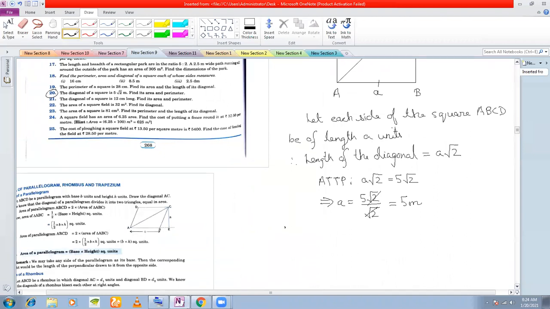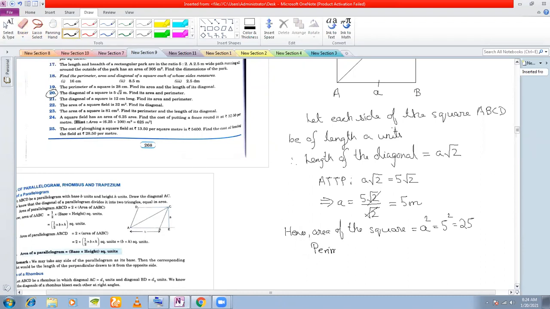Hence, what is the area of the square? Area of the square is equal to a square, which is 5 square, which is 25. And you also need to find out the perimeter. What is the perimeter of the square?